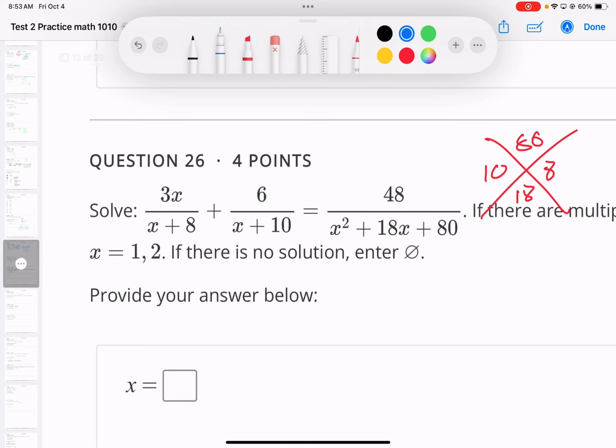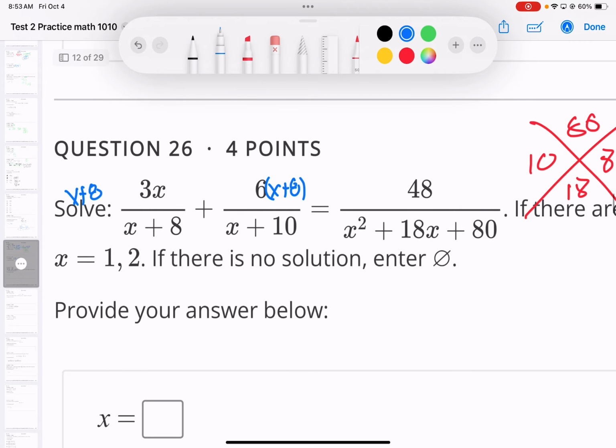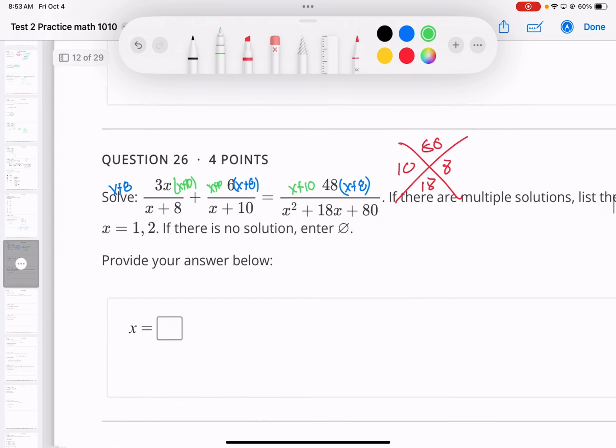Okay. So we're going to go x plus 8, x plus 8, and x plus 8, right? And that cancels those ones out, but then we need to do x plus 10, x plus 10, x plus 10.